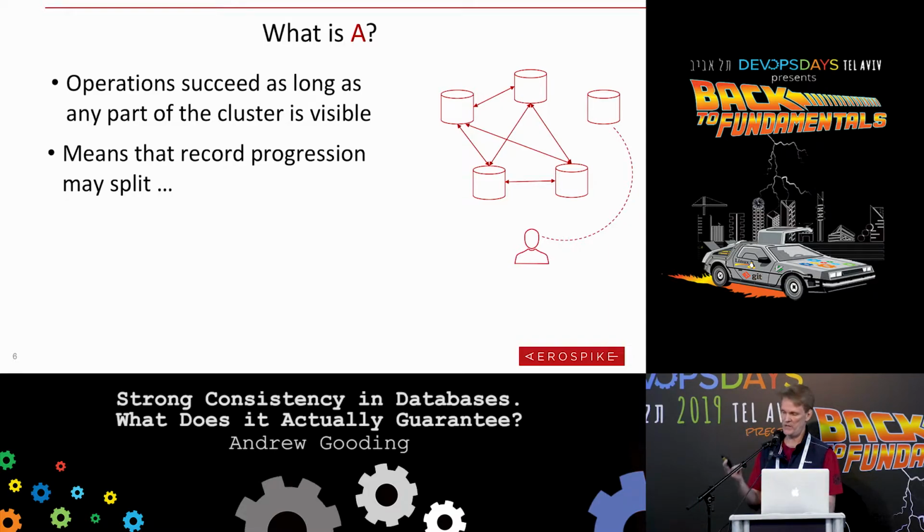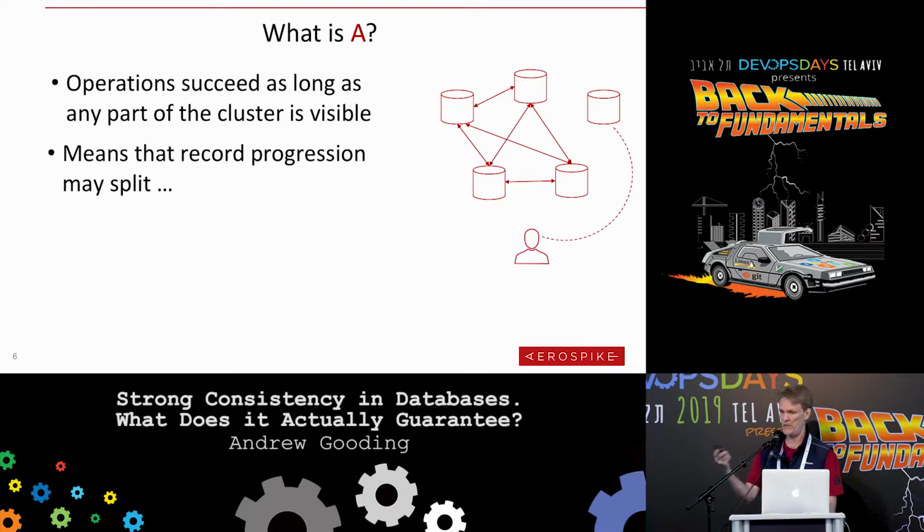And when you get these split brain scenarios, what can happen is different clients see different replicas. And they start the same, but if the different clients start doing operations on different replicas, because they're the ones you can see, then you'll get different lineages. So the record progression will split. It can even be one client that ends up doing the split.